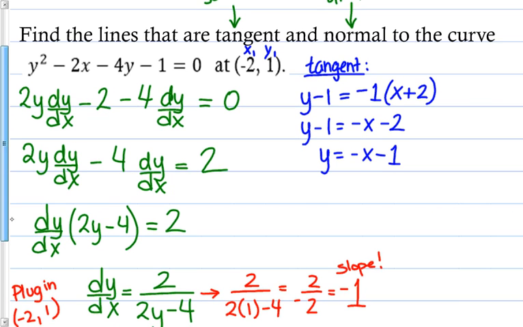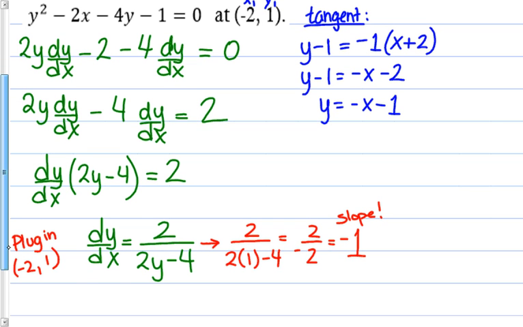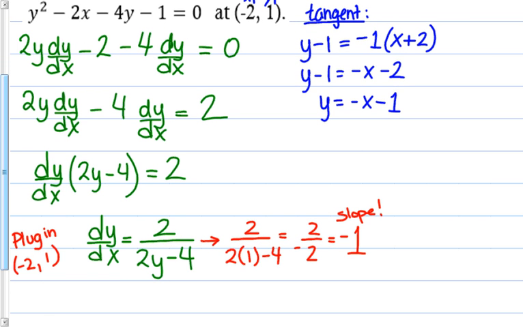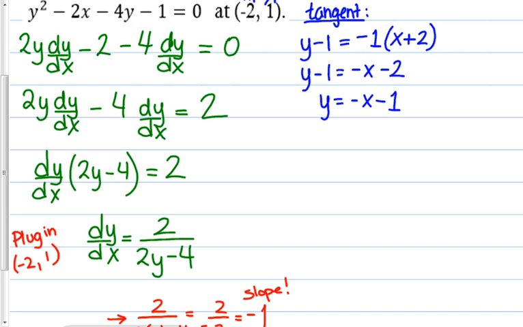All right, for the normal, I'm going to do the same thing, basically. But for normals, the slope is the opposite reciprocal. Okay, so if my slope was originally negative 1, the opposite reciprocal is going to be positive 1.